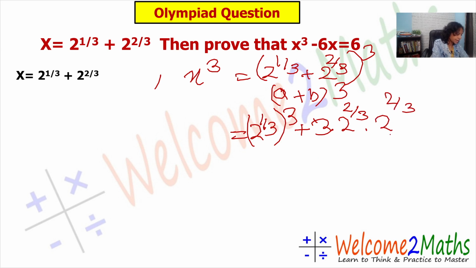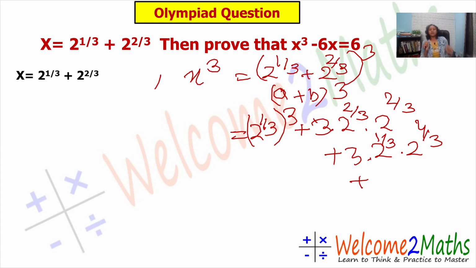Now the next term is 3ab square. So let's write 3 into 2 to the power 1/3, into 2 to the power 4/3, because it's (2 to the power 2/3) whole square. Now that is done, and the last term is b cube, which is represented here.